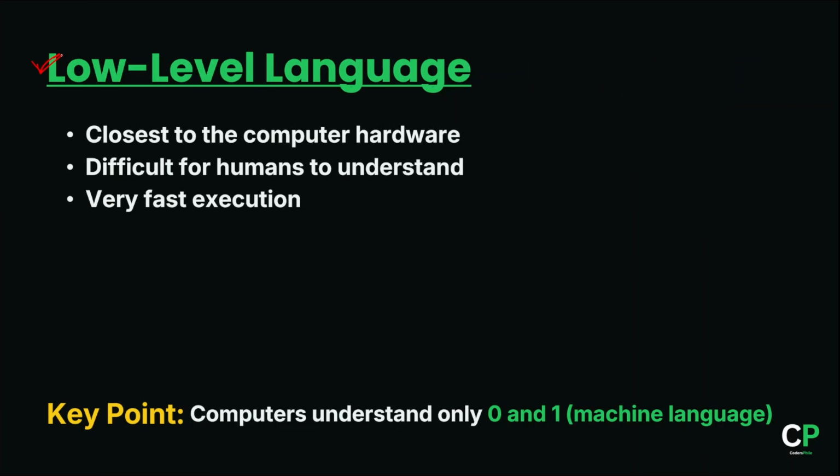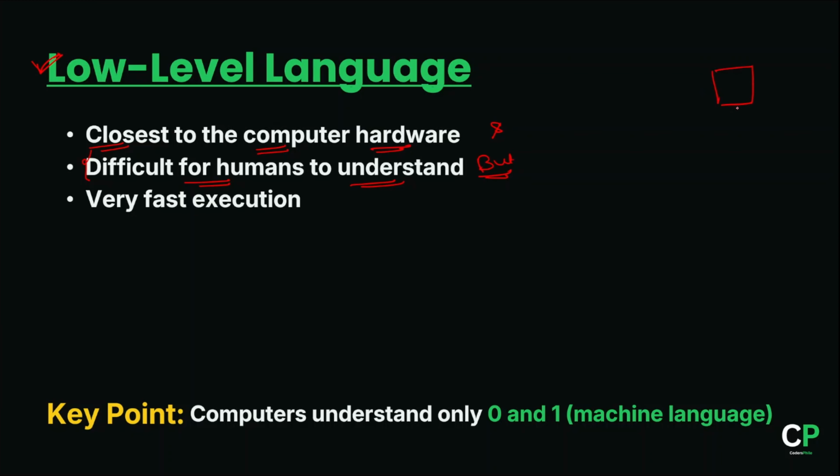First, let's see what is the low level language. Low level language is a language that is closest to the computer hardware. It is difficult for humans to understand but easy for a computer to understand.